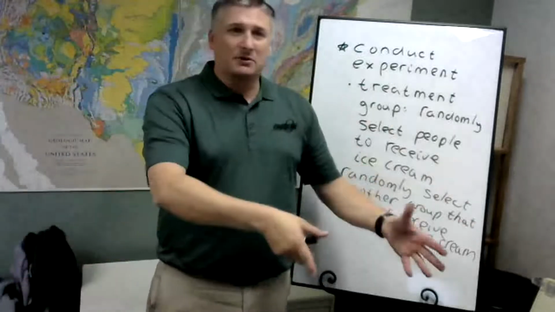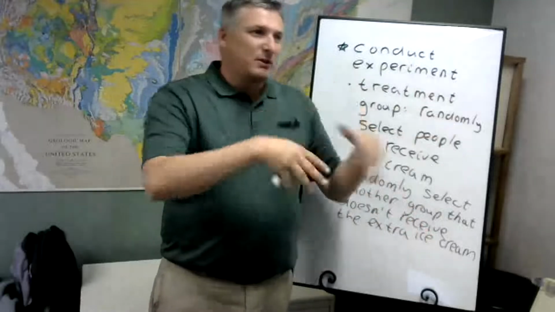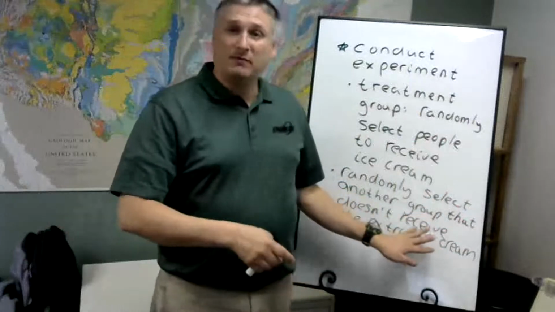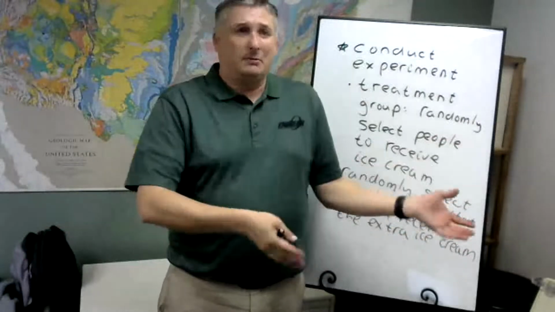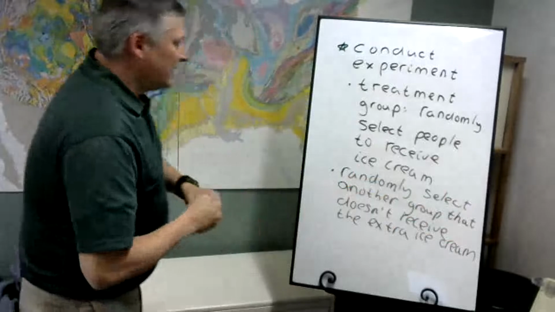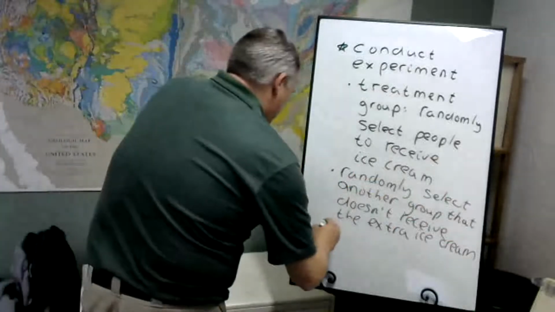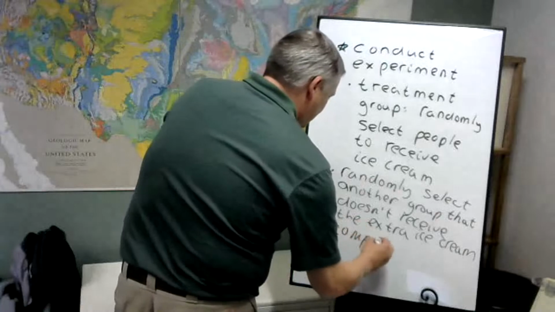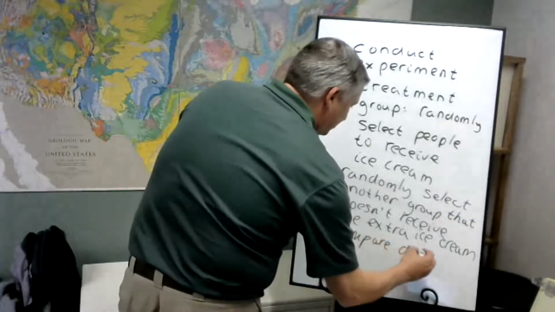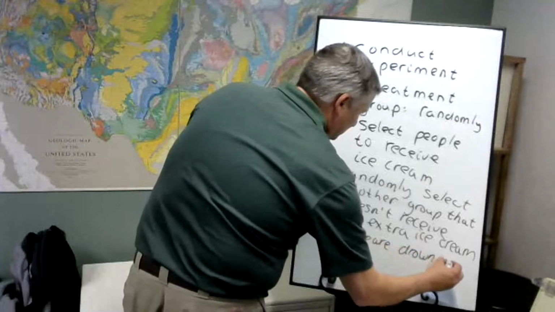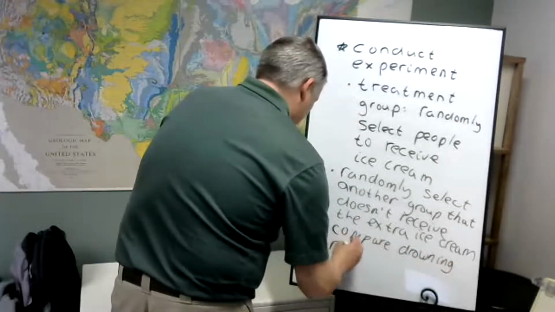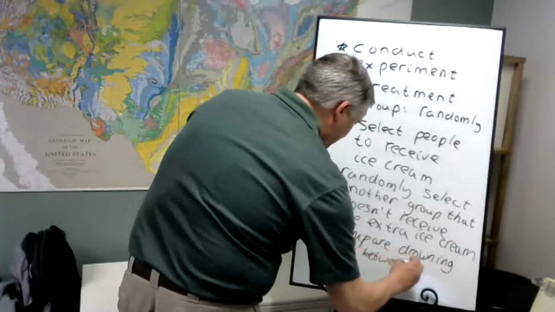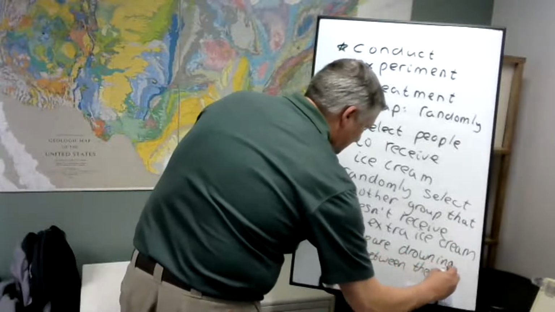One group, you're just giving them ice cream, and at the end of the week, we're just going to ask, are you okay? Same thing with this group, except we're not giving them ice cream. We're just going to call up at the end of the week and see if they're doing okay. And then this is what we're going to do: compare the drowning rates between the two groups.